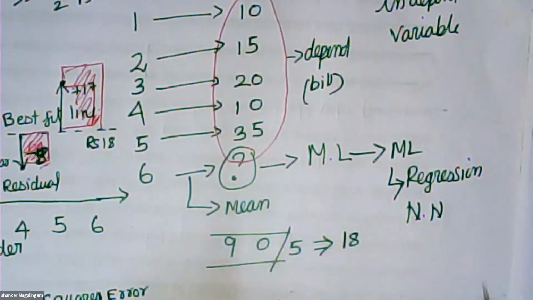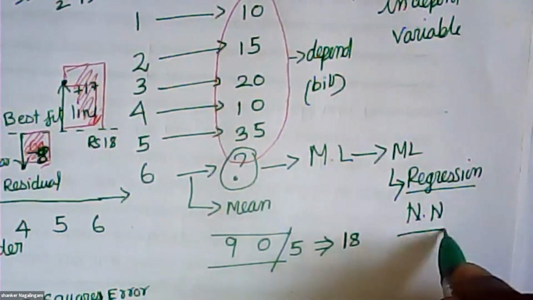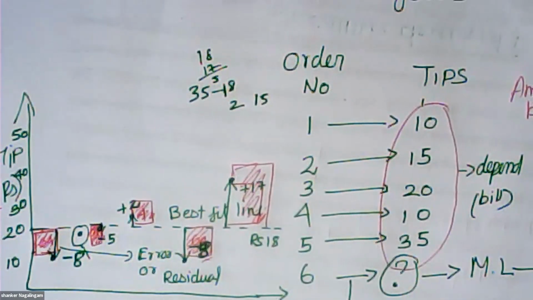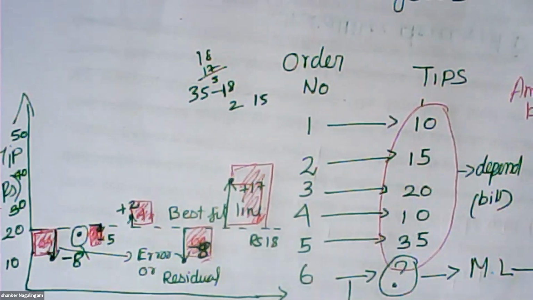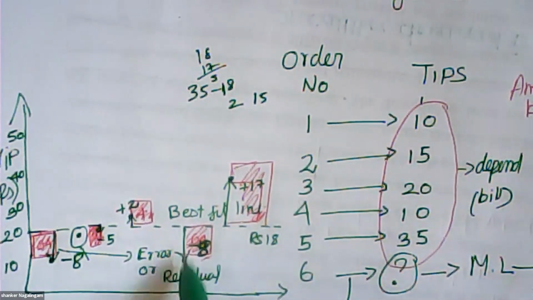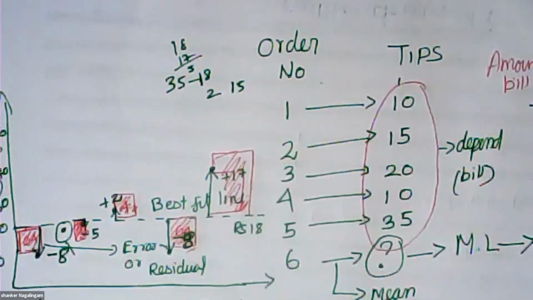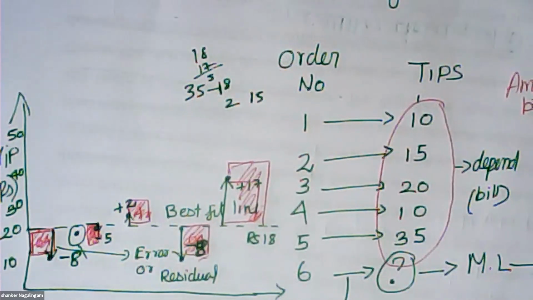Now I'm going to explain how this happens. Now you can understand what my best fit line is. Any model will try to make all the data points very close to the best fit line, and then the prediction is correct. This is how you understand the prediction algorithm.